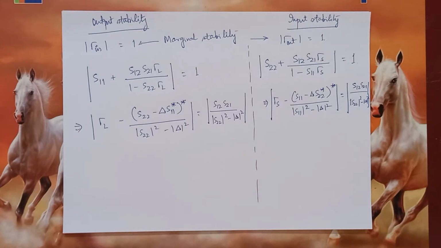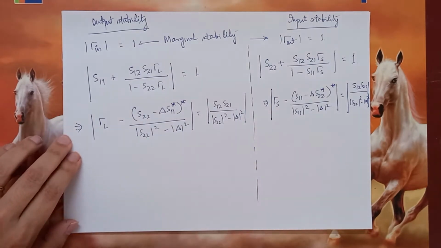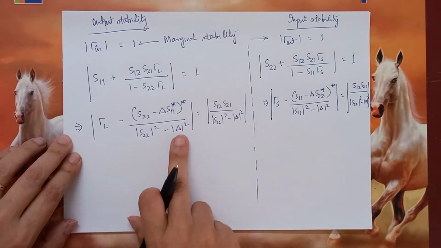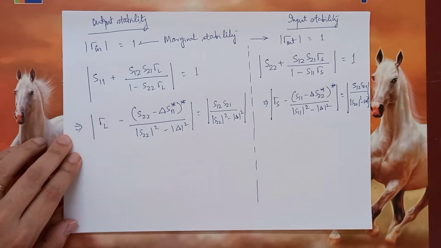So therefore we said that only the gamma L and the gamma S are variables at that frequency. What is fixed is the S parameters, and since delta is also a function of the S matrix, we can consider that also as a constant.